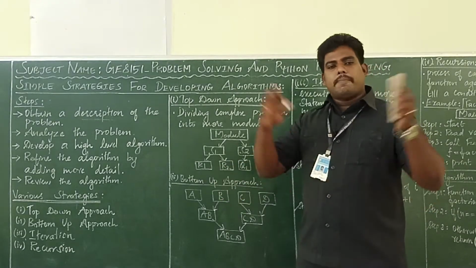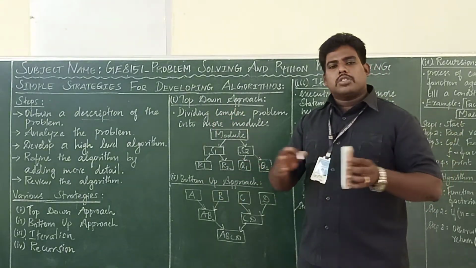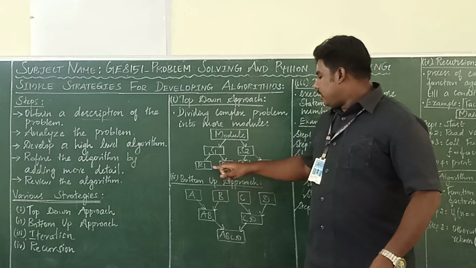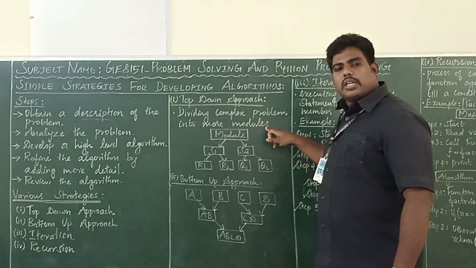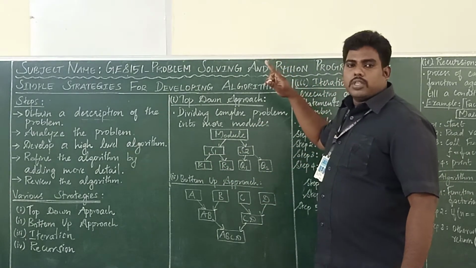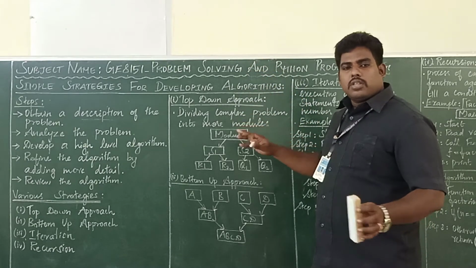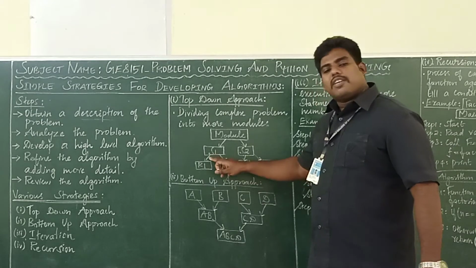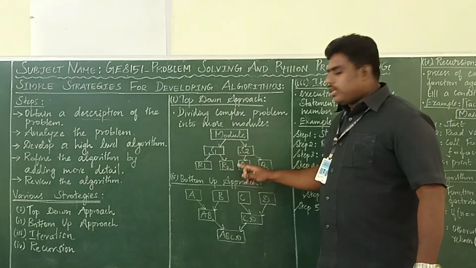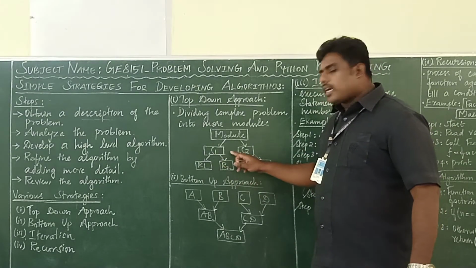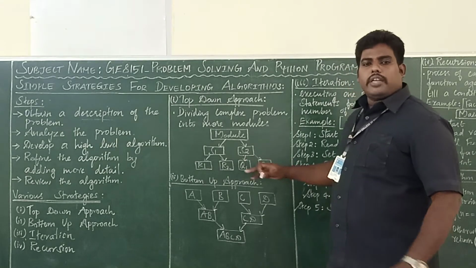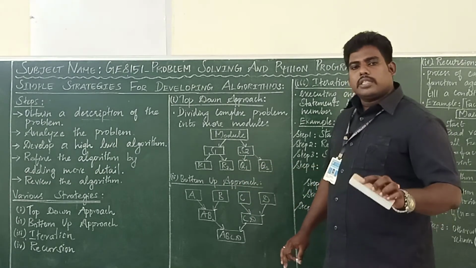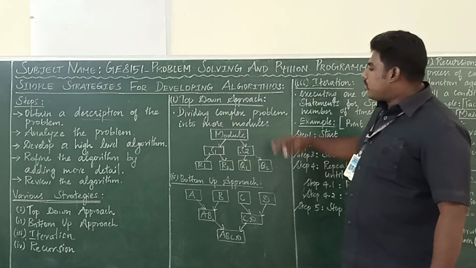Like that, the big task will be divided into smaller tasks and each task will be executed from the topmost. The most complex will be divided into smaller modules and each thing will be completed individually. Then you will get the clear solution. This is the top-down approach.